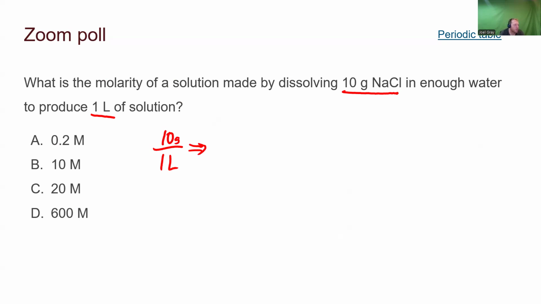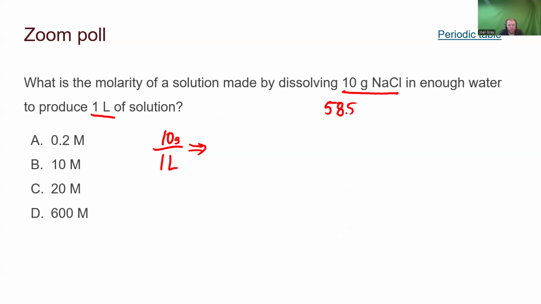You are completely right. So what I really want to do is take the mass that I've been told, and I need the molar mass. Now, just as a little bit of an aside, if you have this slide deck open, you can follow this link to a periodic table. But I also know that the molar mass for sodium chloride is 58.5.